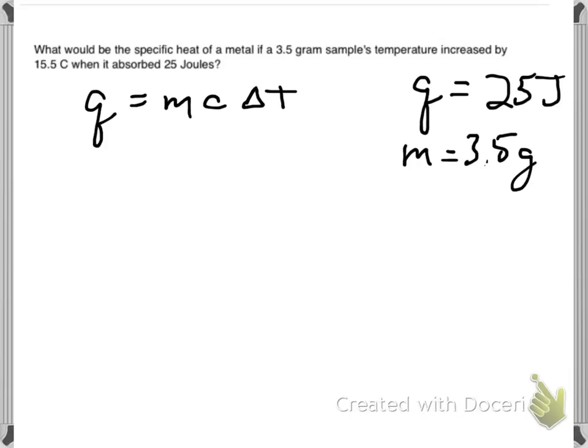And then lastly, we have delta T. We usually solve for T final minus T initial, but we're told that this is increasing by 15.5 degrees Celsius. So we know that delta T is just 15.5.